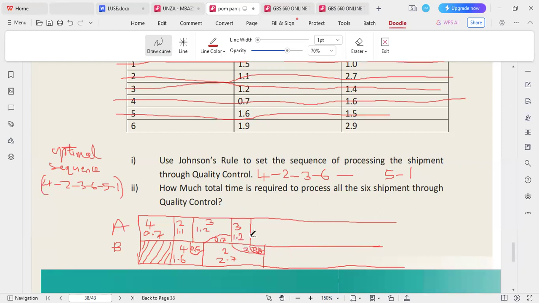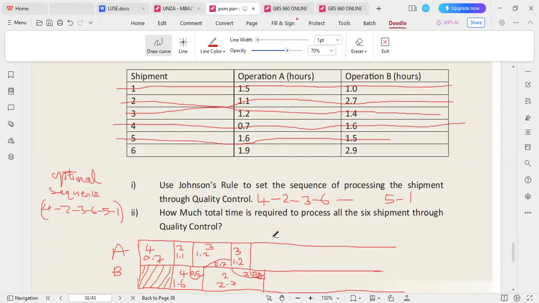already, and there's still time that the people in operation A can still go to another job, which is job 5. Job 6 in A is taking 1.9.